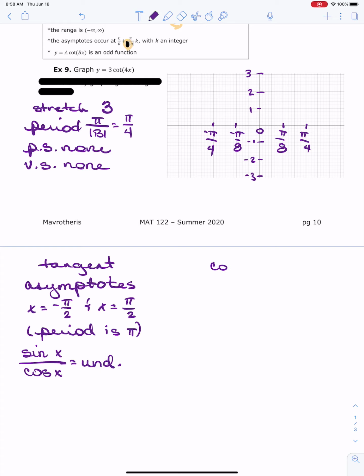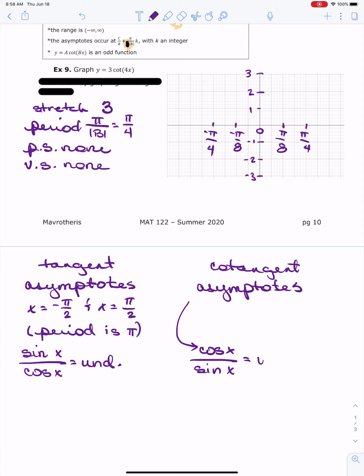So let's take a look at cotangent and where those asymptotes are going to be, because we do have places where the cotangent is undefined. Okay? And so we're going to come down here a minute. Cosine of x over sine of x. We need to figure out where that is undefined. Okay? And that happens when x is 0. Cosine is 1, sine is 0.